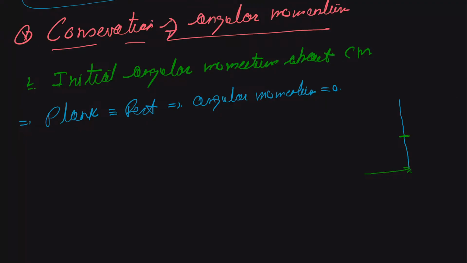This is our YCM, and the child is moving perpendicular to it, so this is our child.